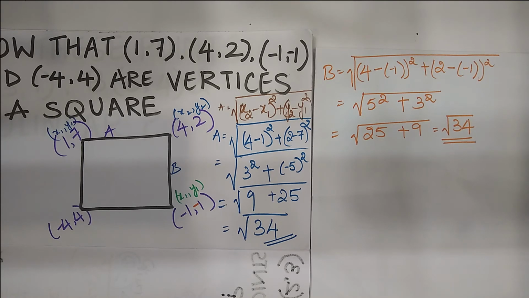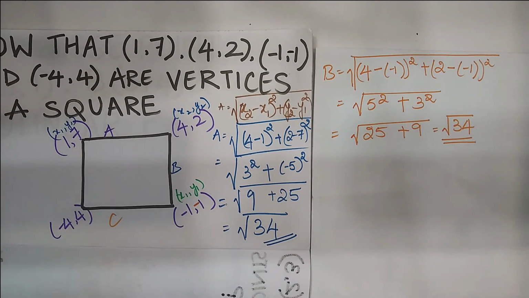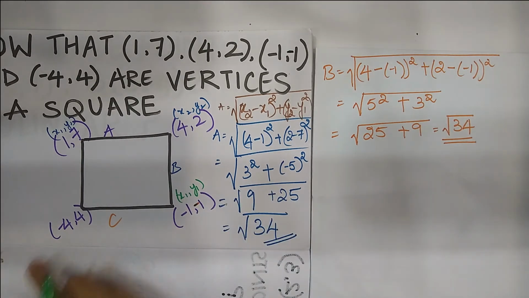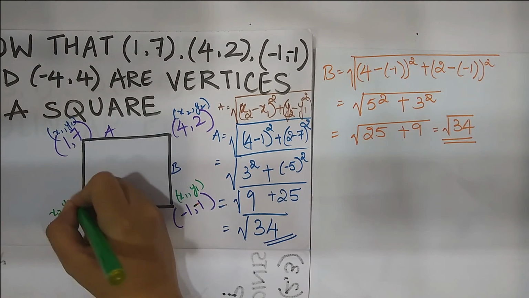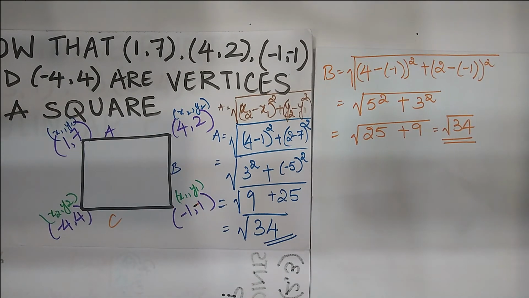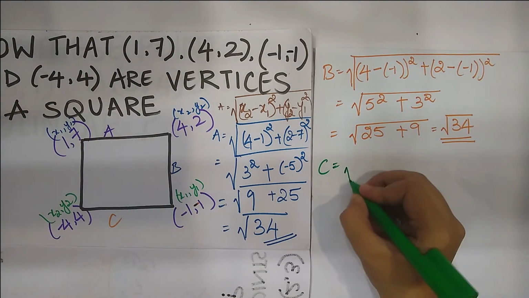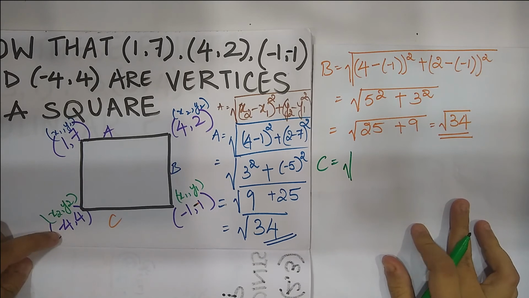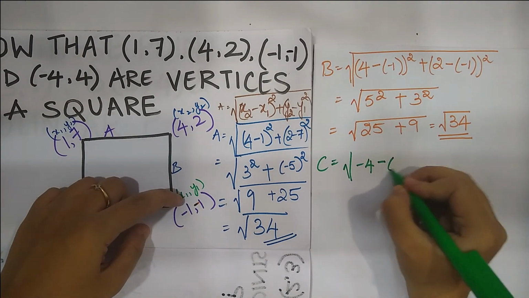So now that we have done B, we will move to C. For C, we'll use the distance formula again using these two coordinates. It is minus 4, 4 and minus 1, minus 1. x1, y1 is already here. Let us place x2, y2 here. So C is equal to square root of, what is x2? Minus 4, minus x1, which is minus 1.